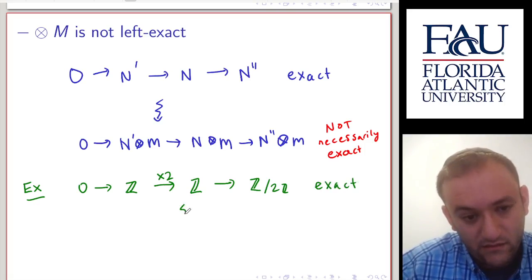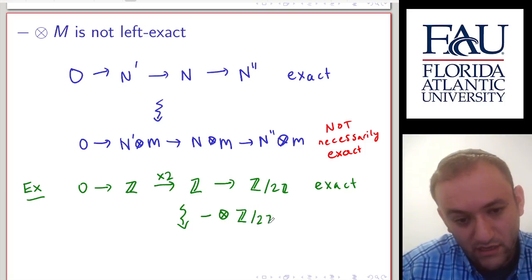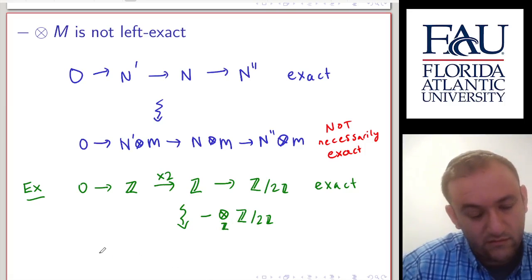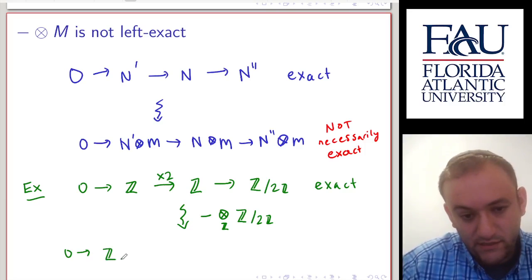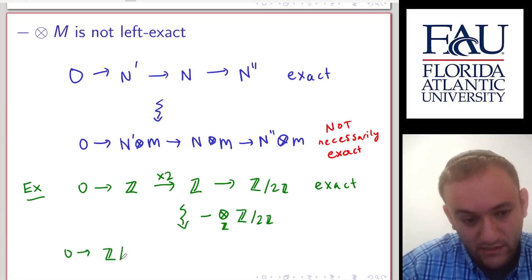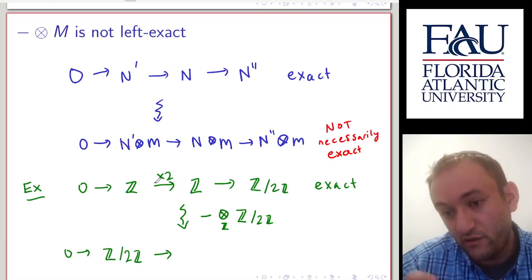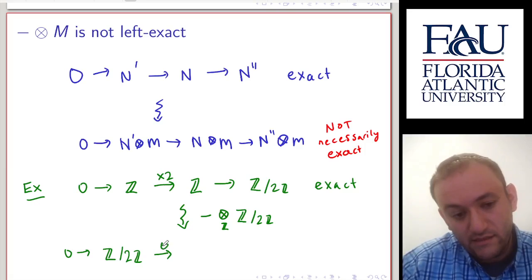And yet, when I apply the tensor with the Z module Z mod 2Z, okay, we're tensoring over Z, what we get is Z tensor over itself with Z mod 2Z is Z mod 2Z. The multiplication by 2 map, when you pair it with the identity map on Z mod 2Z, this becomes the 0 map.